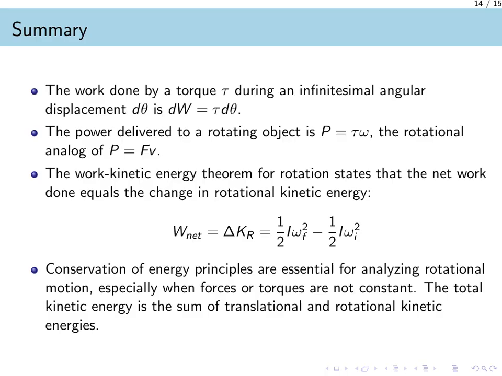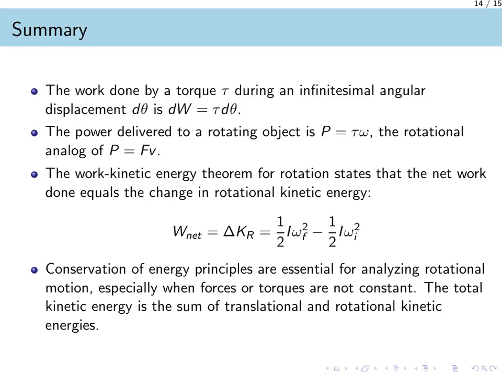Second, we found the expression for power. The power, P, delivered to a rotating object is the product of the applied torque, tau, and the angular velocity, omega. This is the direct rotational analog of power being force times velocity.